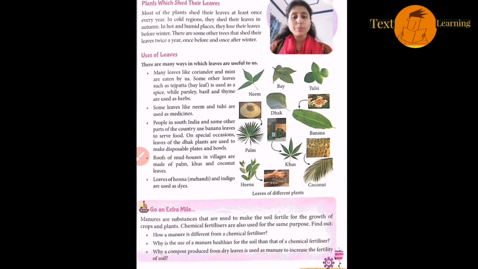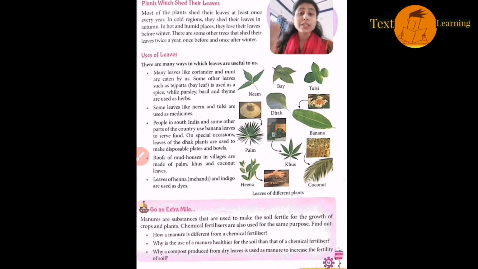So now, what is compost? Why is compost produced from dry leaves used as manure to increase the fertility of the soil? See, as the dried leaves fall down over the ground, they dry, decay automatically, mix into the soil, and make the soil very fertile, because it can be treated as compost.